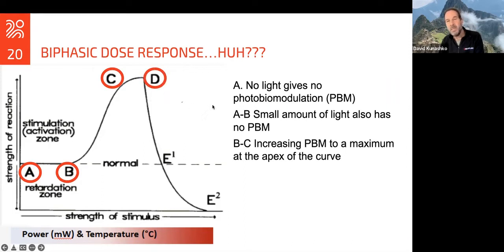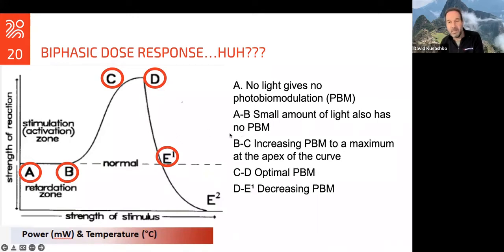It peaks out because when you have too much energy, you get a negative feedback loop in the cell, which I'm not going to get into right now, but that starts to reduce the overall photobiomodulation effect. And if you have way too much energy, then you actually get inhibition, which in itself can block pain, which is wonderful, but it's not very good for photobiomodulation or healing.